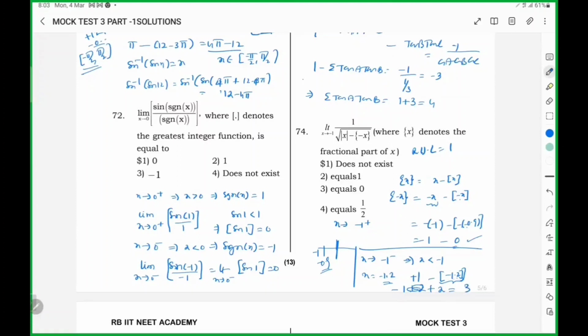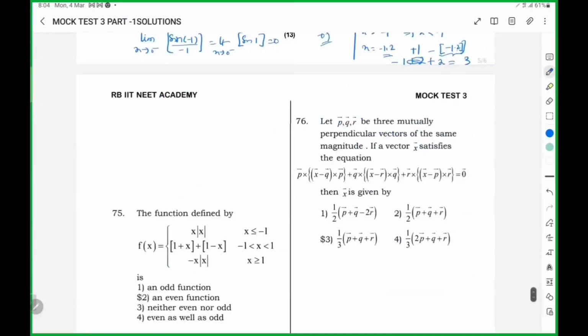So it becomes 3. So left hand limit and right hand limit are not equal. Limit does not exist.